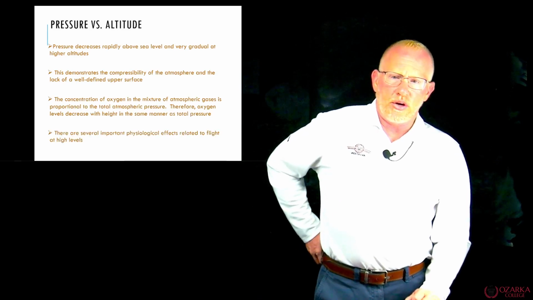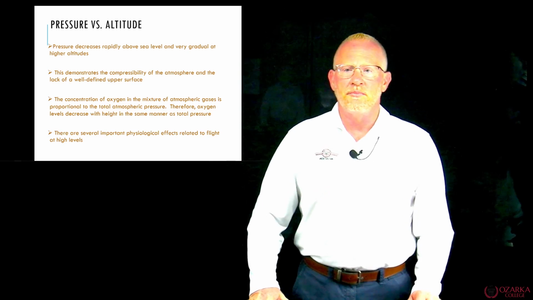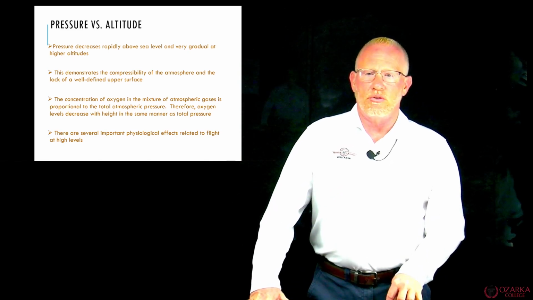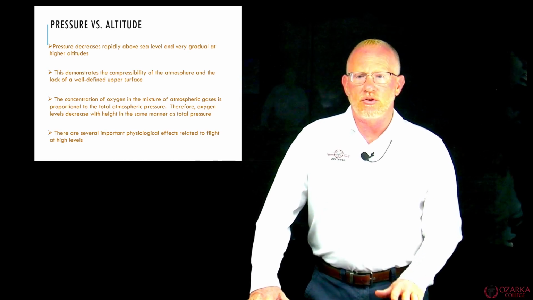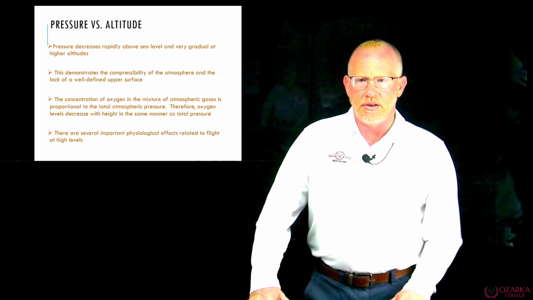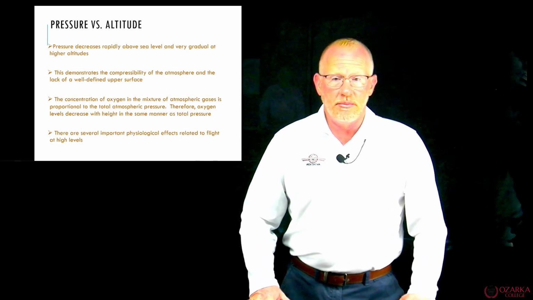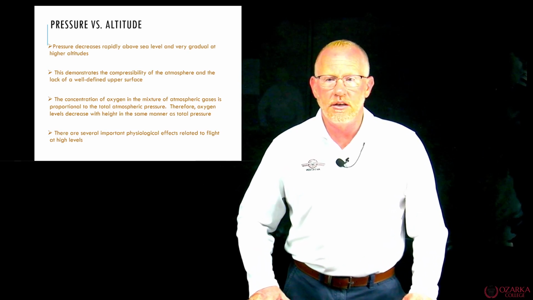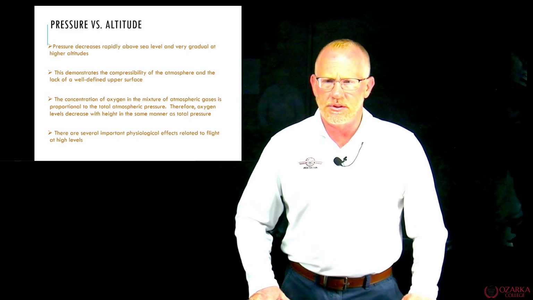So let's talk about pressure versus altitude just for a little bit. Pressure decreases rapidly above sea level and very gradually at higher elevations or higher altitudes. This demonstrates the compressibility of the atmosphere and the lack of a well-defined upper surface.